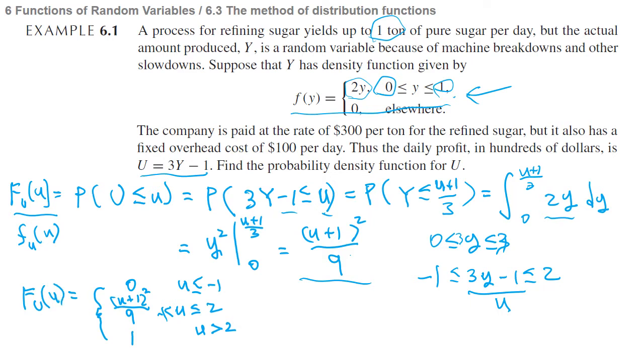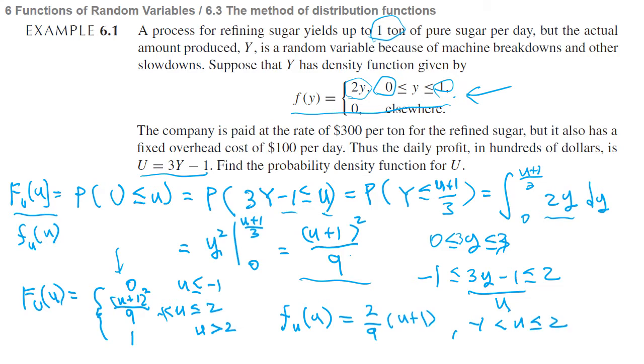And to calculate the density function, you differentiate the distribution function. Then it is 2 times (u plus 1) over 9, for u from minus 1 to 2.